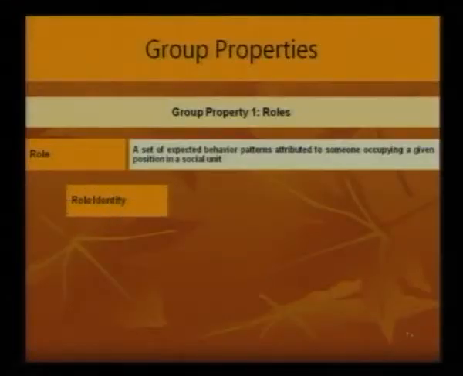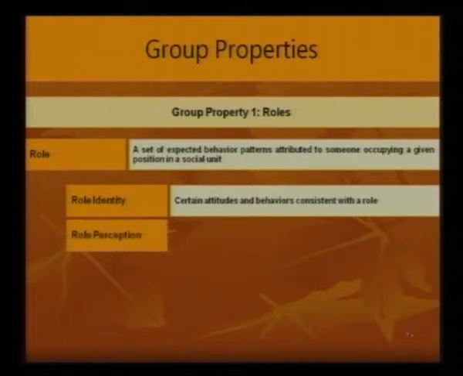When you talk about rule identity, here we are talking about up to what extent the real behavior of the individual is in accordance with the expectations of the group. So the more the behavior brought by an individual is consistent with the group expectations, or with the rule, I mean here, with the expected behavior pattern, the more we say that there is rule identity.